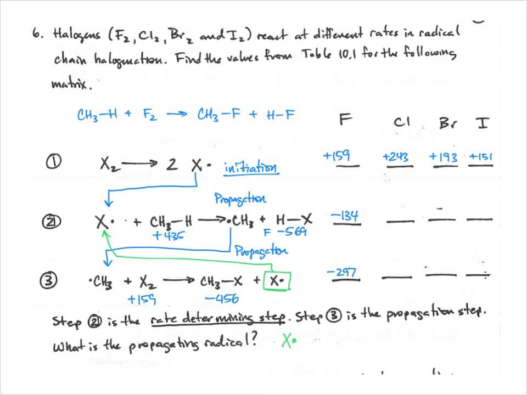We are running a bit low on time, but what I want you to do is the same analysis for chlorine, bromine, iodine. Then after you put the numbers in there, look at these values for step 3. The question you're trying to answer is: does the heat evolved in step 3 supply enough energy for step 2 to occur?